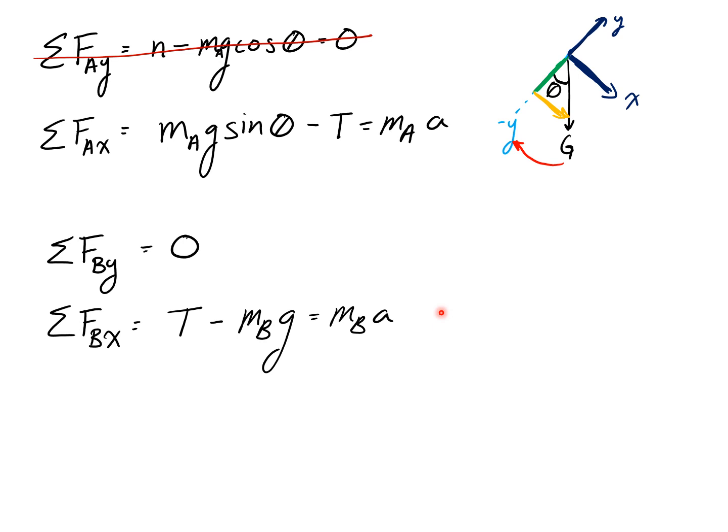If I said down is positive for my X direction, I would need to include a negative sign on one of my accelerations.